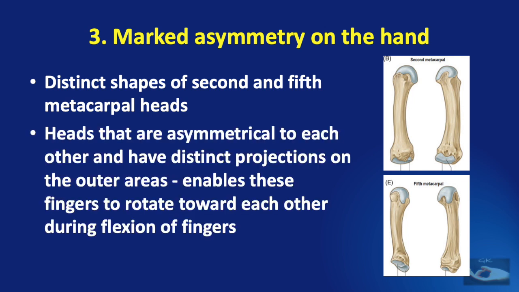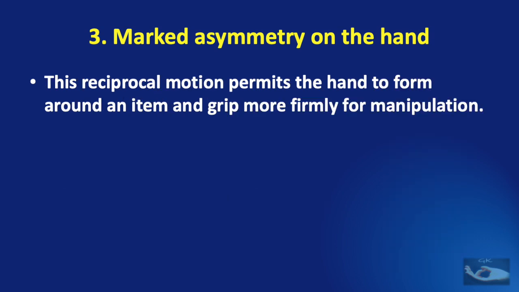These heads are asymmetrical to each other and have distinct projections on the outer areas. It enables these fingers to rotate towards each other during flexion of the fingers. This reciprocal motion permits the hand to form itself around an item and grip more firmly for manipulation.